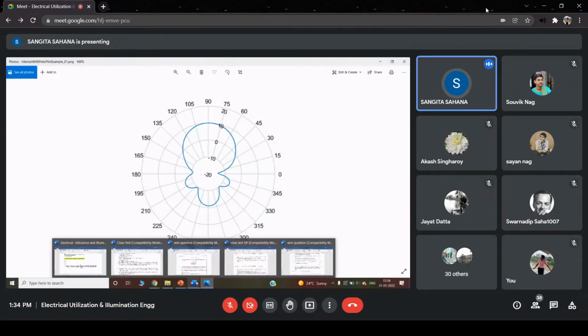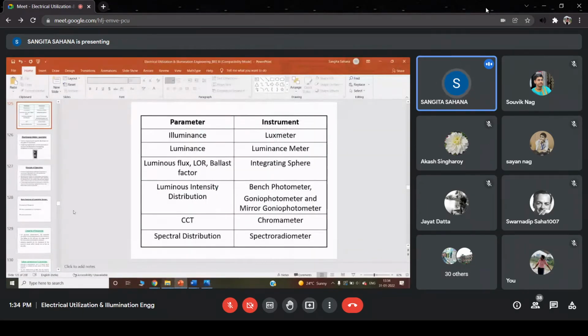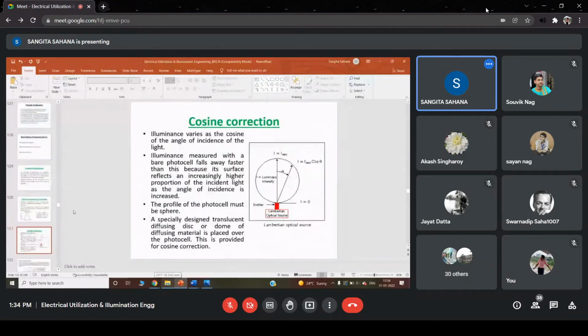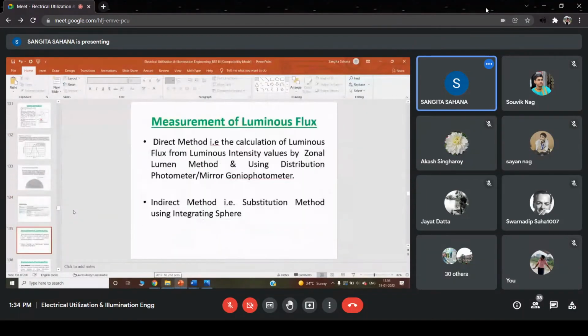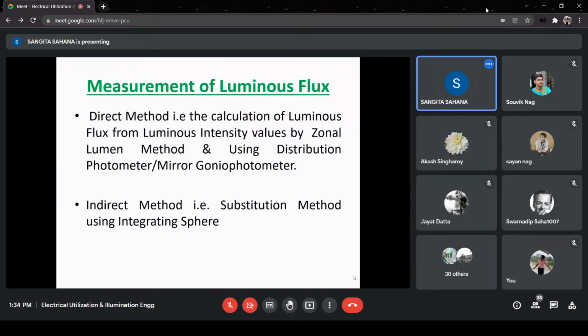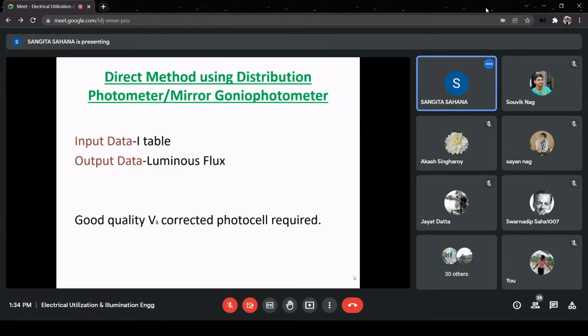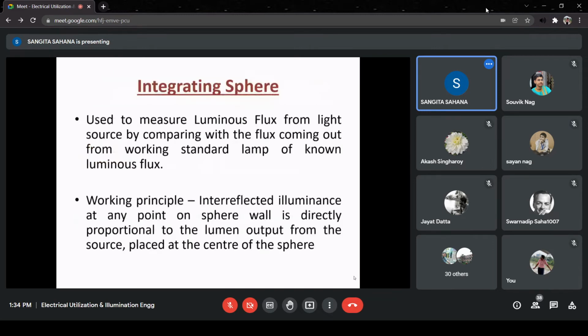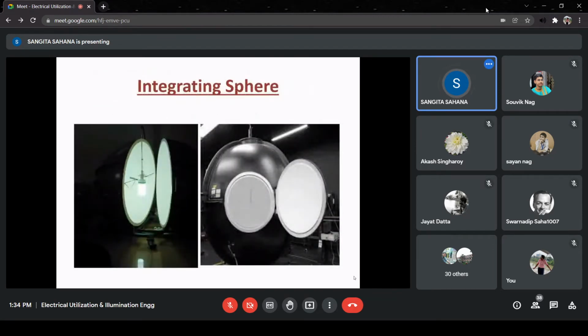Okay, so then the next one is measurement of luminous flux. Luminous flux is the total light output, or the total amount of visible radiated power, right?